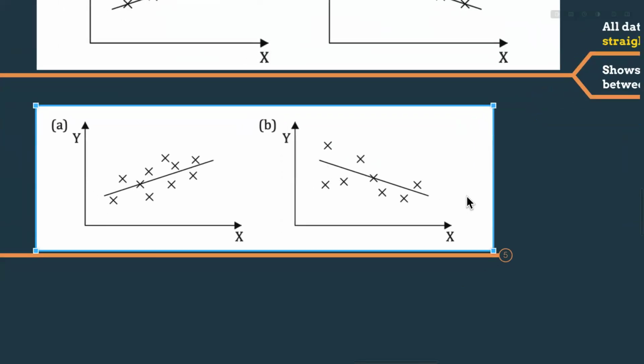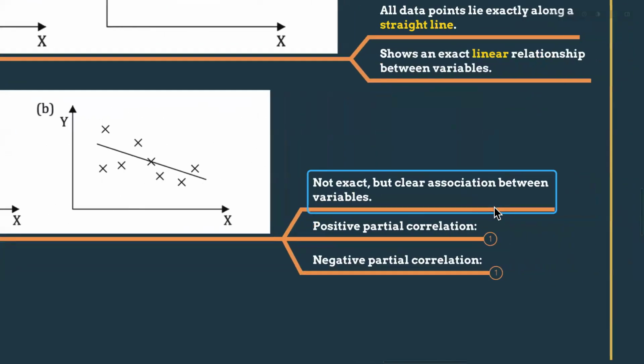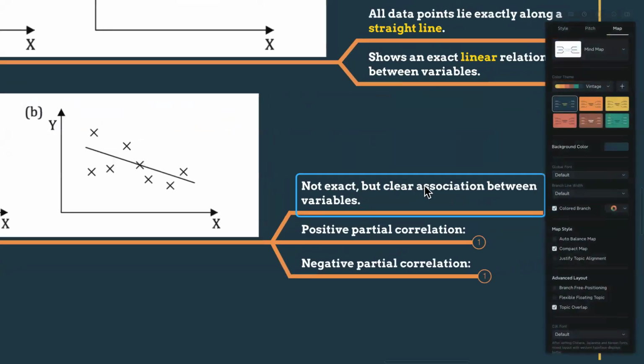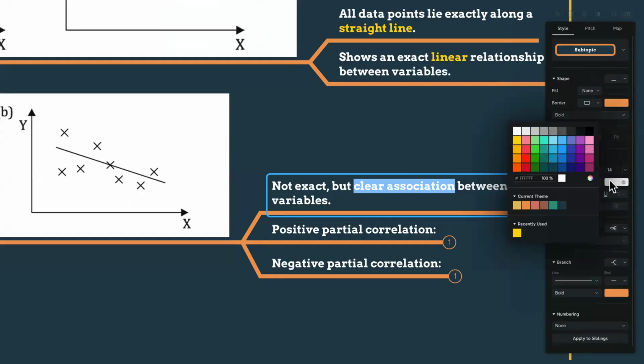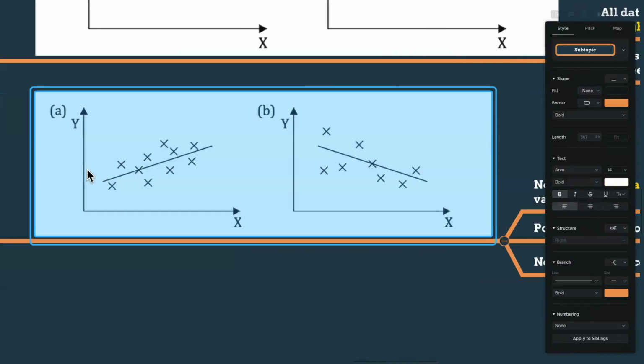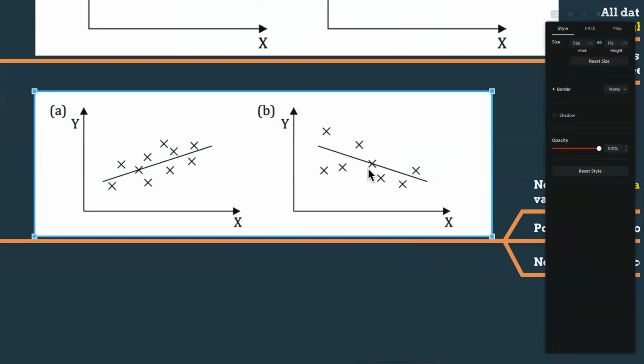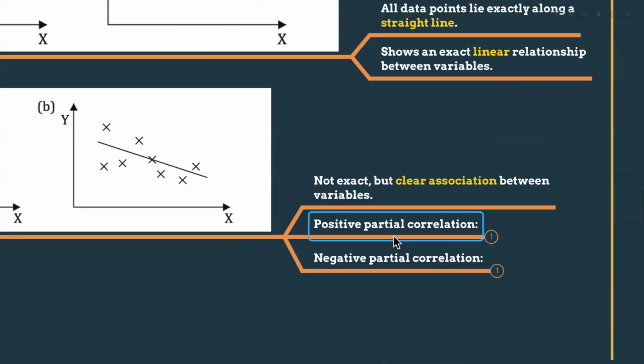This is a partial negative correlation, not a perfect one. It's not exact, but there is a clear association. We can see a clear association of positive relationship, a clear association of negative relationship, but not exact, right?